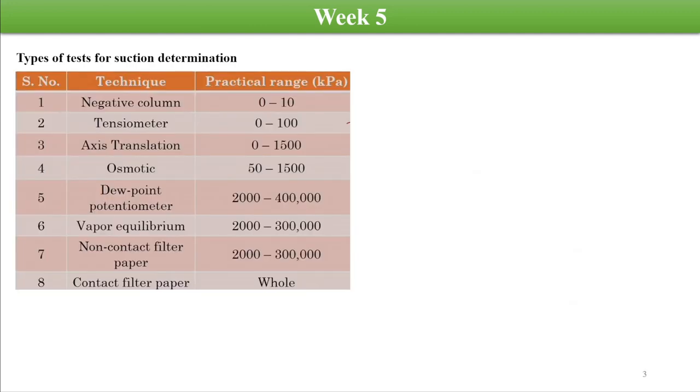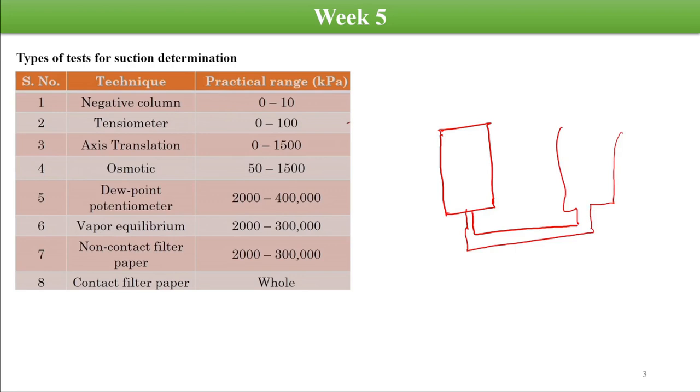If we divide them based on the range of suction they can measure, the first is the negative column test. This test is performed at very low suction pressure. In this test, we have a soil column connected to a reservoir, and the water level in the reservoir can be varied.